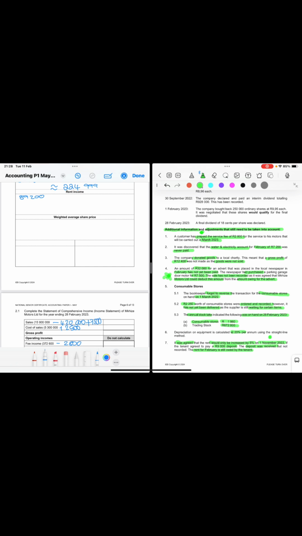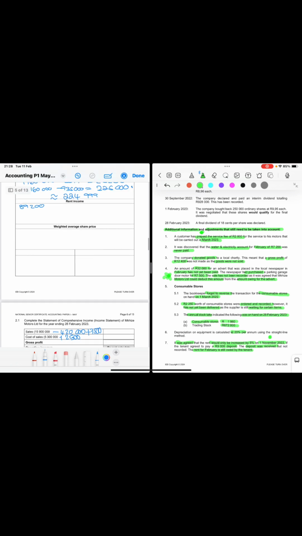So we need to formulate a formula. Of the 11 months, November, December, January had the increase. The rest, which is 8 months, were at 100%. So for 8 months we are at 100%, and then for 3 months we are at 105%.